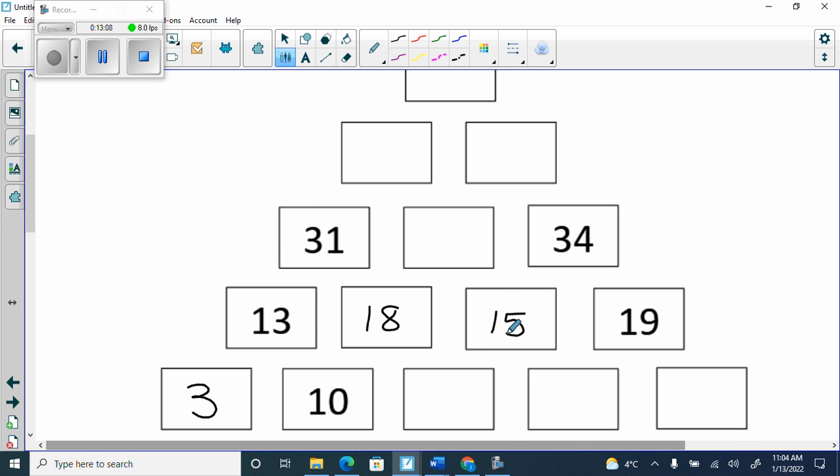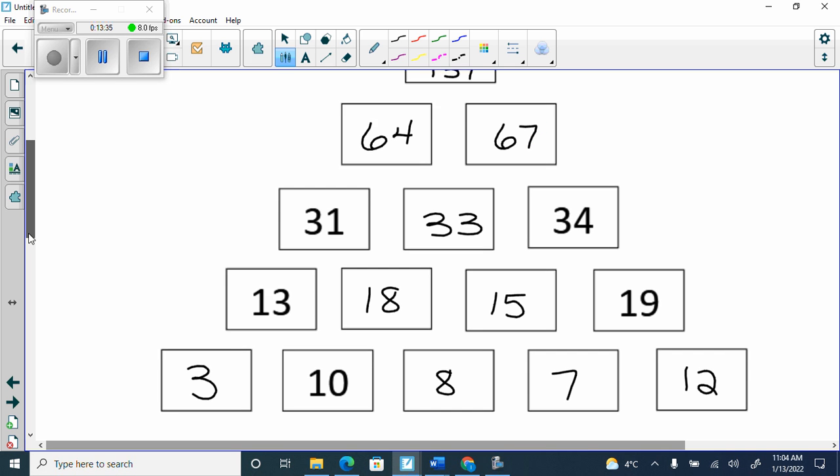Then what? 10 minus 18 is 8. 15 minus 8 is 7. 9 minus 7 is 12. 18 plus 15 is 33. 31 plus 33 is 64. 33 plus 34 is 67. 64 plus 67 is 131. Perfect.